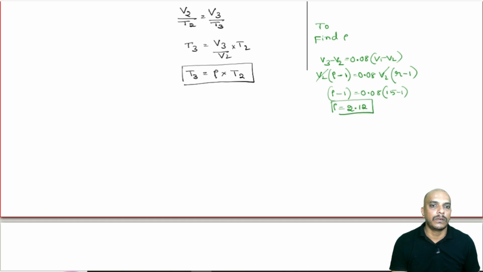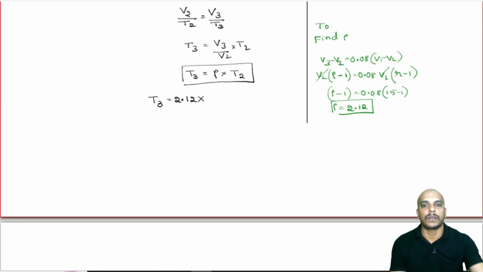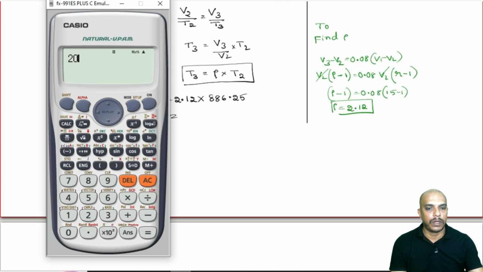Now using the rho value, we can find T3. So T3 is equal to 2.12 multiplied by our T2, which was 886.25. 2.12 into 886.25 will be 1878.85.